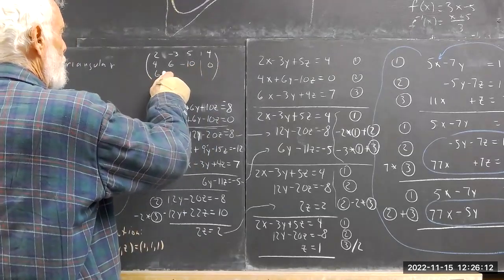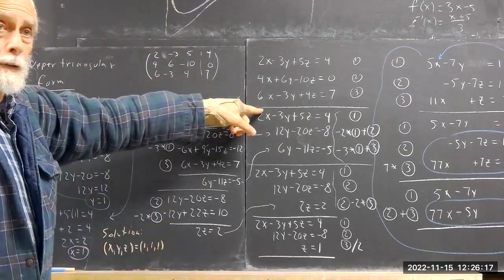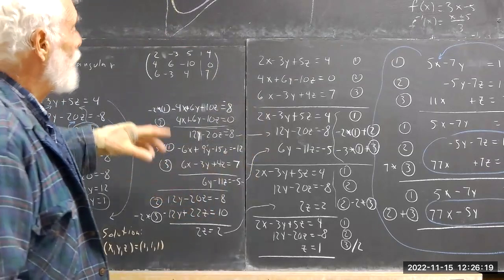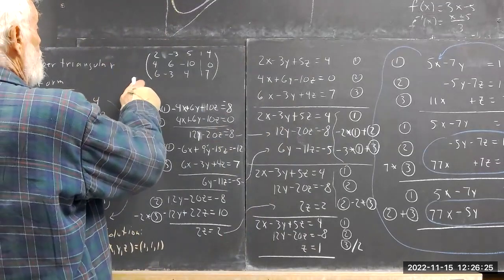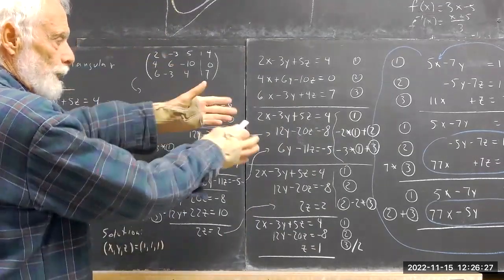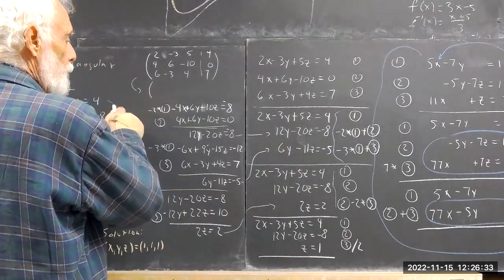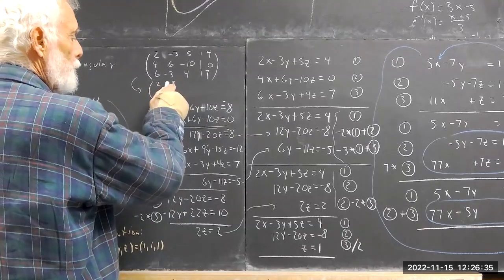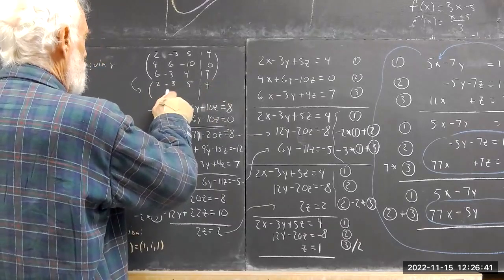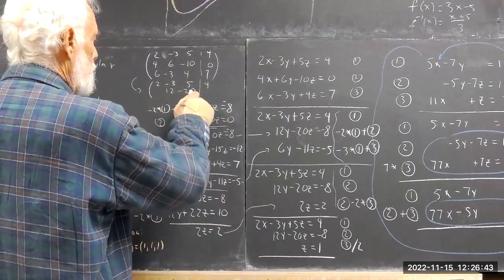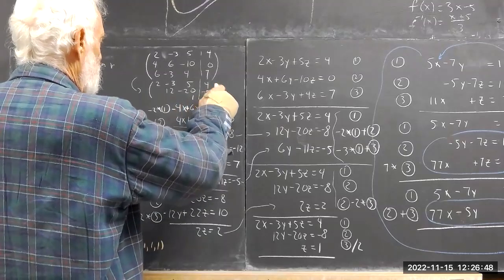It's easy to see that these numbers here represent these equations. The reason I want these organized in columns and so forth: this system, just by acting on these numbers the same way we acted on the equations themselves, reduces down to the form 2, negative 3, 5, 4, 12, -20, -8, 1, 1.